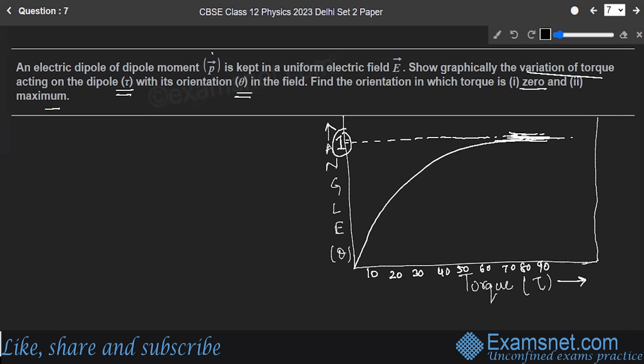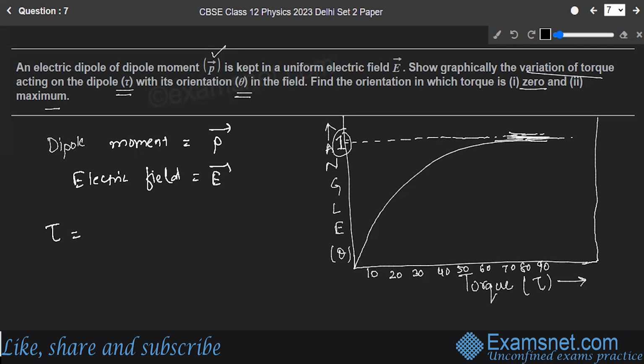Now, you are given the dipole moment is P vector, and the uniform electric field is E. So torque is given by the cross product of both the vectors.